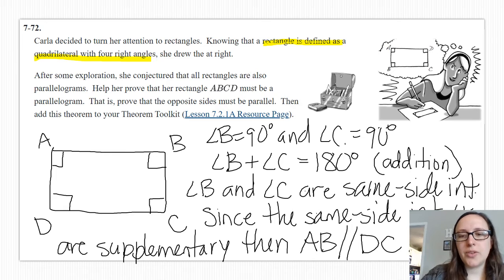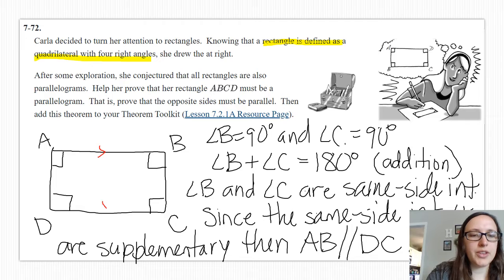Okay, that's what we would call a paragraph proof, where we don't put anything in bubbles. We give all of our information just in sentences. Sometimes I like that proof a little bit better because you can go in any order that you want as long as you're explaining along the way.